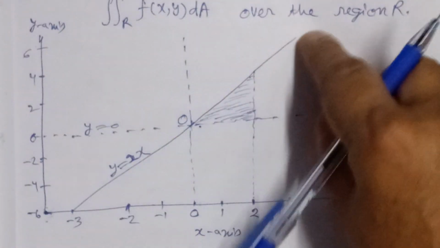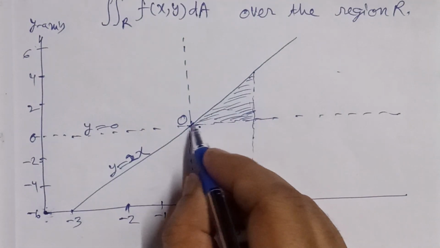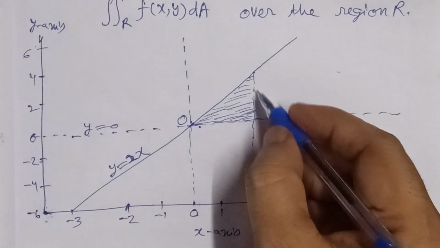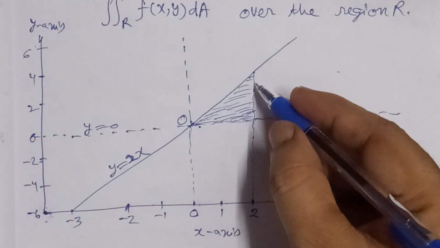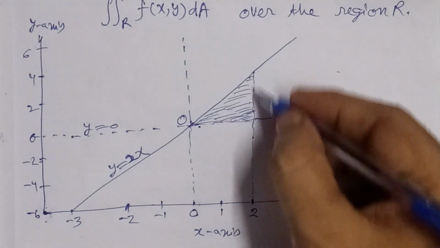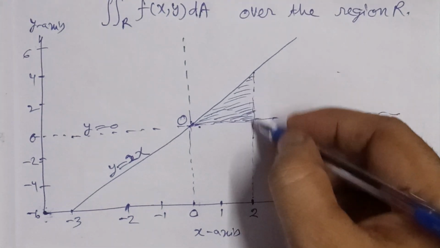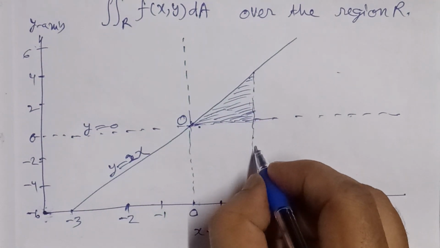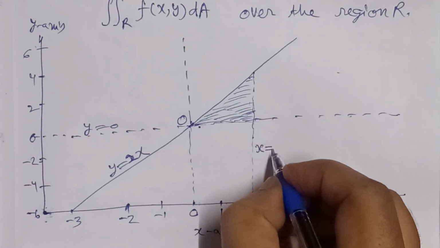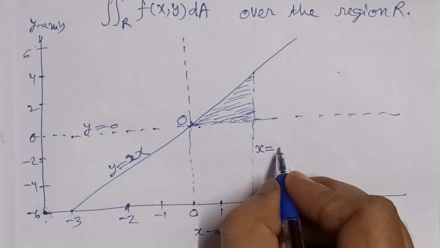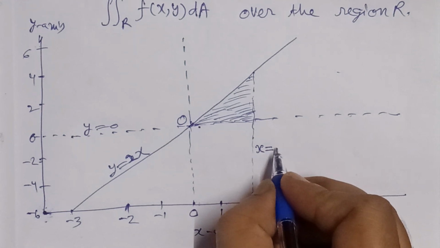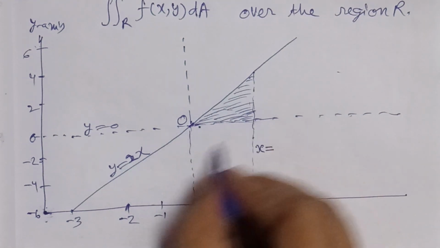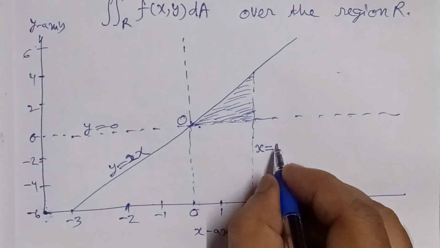We are given a line and a shaded area between the x axis and this line, which is parallel to the y axis, hence we can say this line is an ordinate. Because it is parallel to the y axis, its equation is x equal to a constant which denotes the distance from the origin. Because the distance is 2, I write x equal to 2.